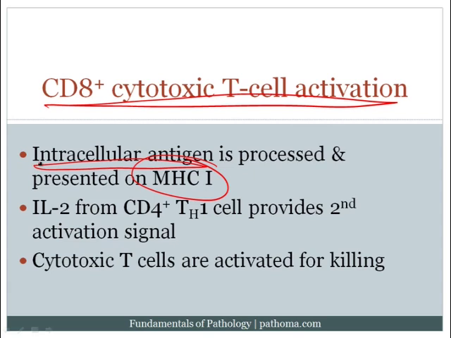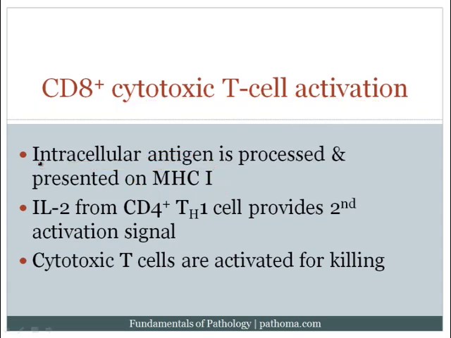So MHC class 1 predominantly expresses intracellular antigen. The CD8 positive T cell recognizes MHC class 1, and that really is the first signal. But recall that T cells require an additional signal, and the second signal is IL-2 from the CD4 positive T cell.